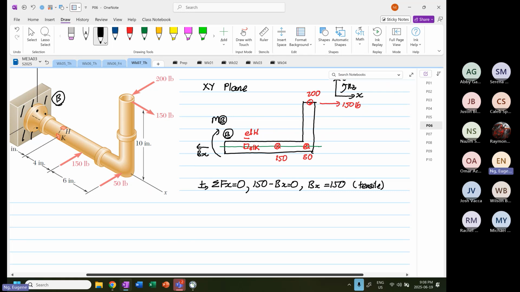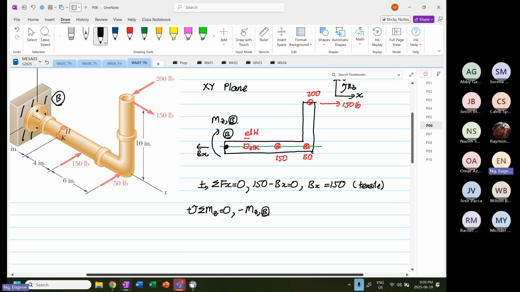Now if we take moment about point B, summation of moment in the Z direction is equal to 0. So you are going to have minus moment. I better call this moment Z at point B. Sorry, this is the Z axis, it's not Y. I do apologize. So moment about Z at point B is negative.